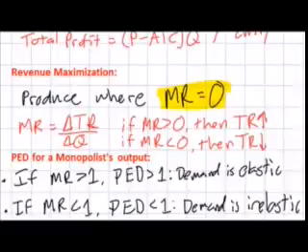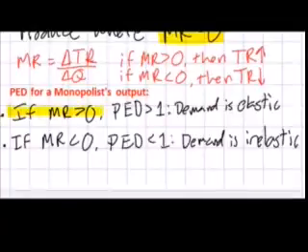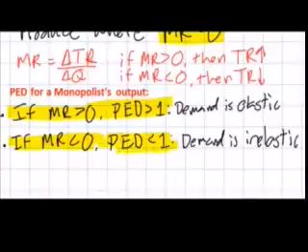Finally, we explained how the total revenue test teaches us if marginal revenue is greater than 0, then demand is elastic, since a particular decrease in price will lead to a greater percentage increase in the quantity demanded, causing the firm's revenues to rise. If, however, marginal revenue is less than 0, then the price elasticity of demand is less than 1, since a particular percentage decrease in price will lead to a smaller percentage increase in quantity demanded, causing the firm's total revenues to decrease.